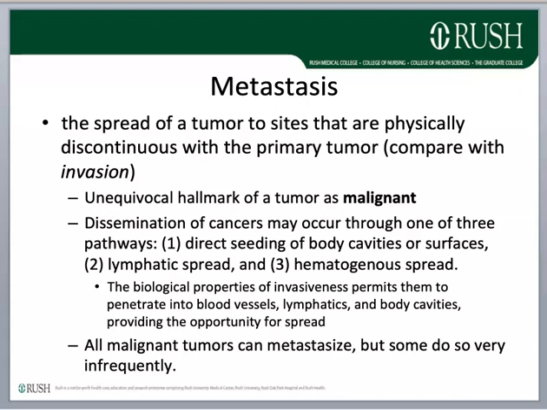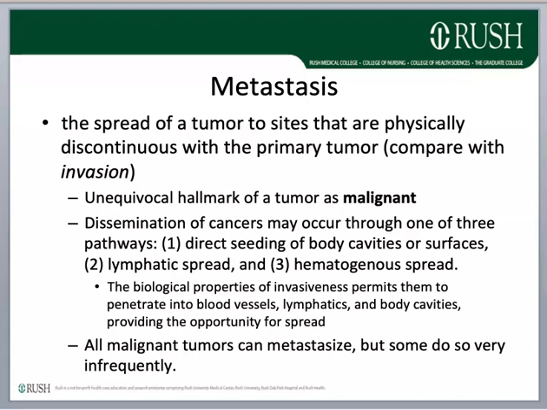Now, dissemination of cancers may occur through several different pathways or mechanisms. One may be direct seeding of body cavities or surfaces. So this is where seeds of tumor, if you will, exfoliate from the tumor and then just travel within a body cavity to implant into a distant site.